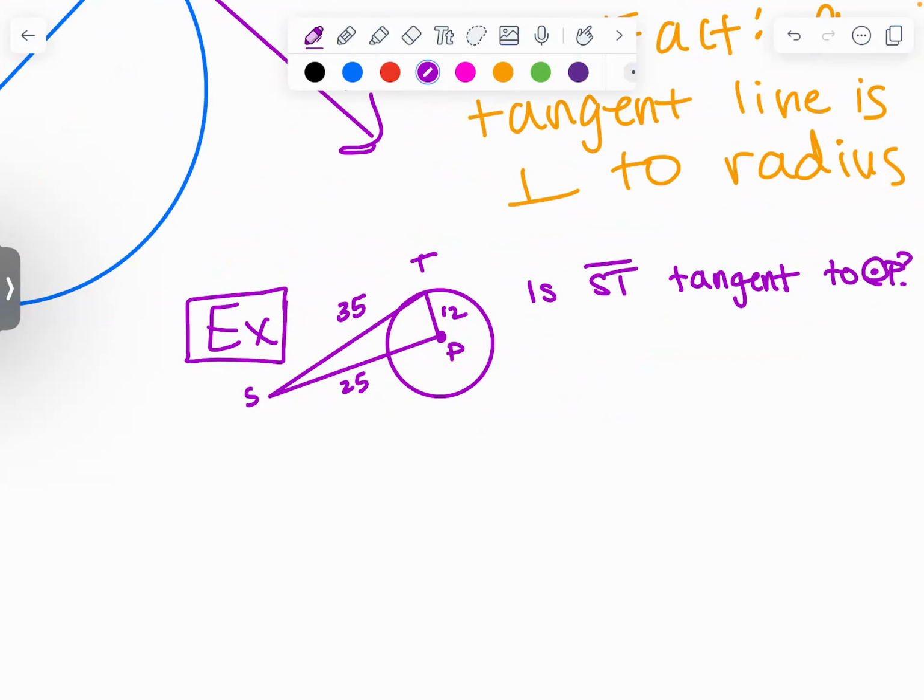So I want you to draw this picture right here. And our goal is to determine if segment ST is tangent to circle P. I wrote picture.